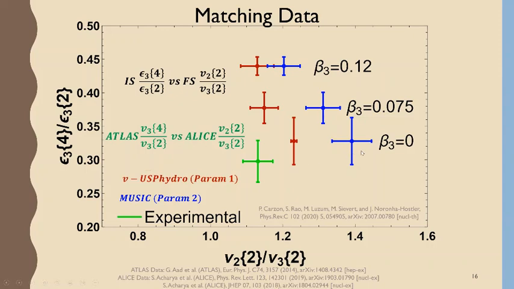And as we increase the beta-3 deformation, we see a better agreement in the V2 over V3 ratio, but a worse agreement in the epsilon3,4 over epsilon3,2 ratio. So both of these have to be balanced when trying to further solve this puzzle. There's non-trivial interplay between those two observables.